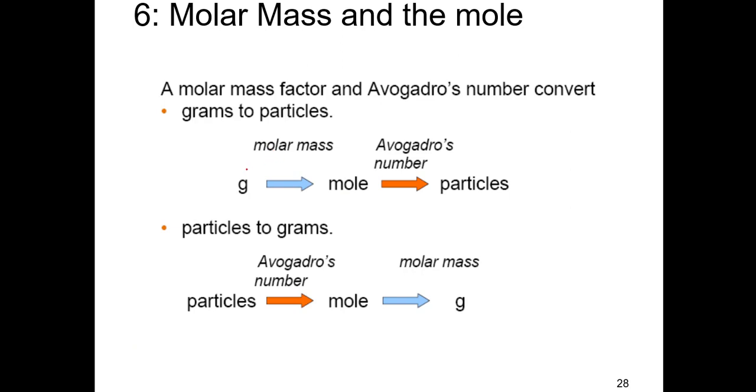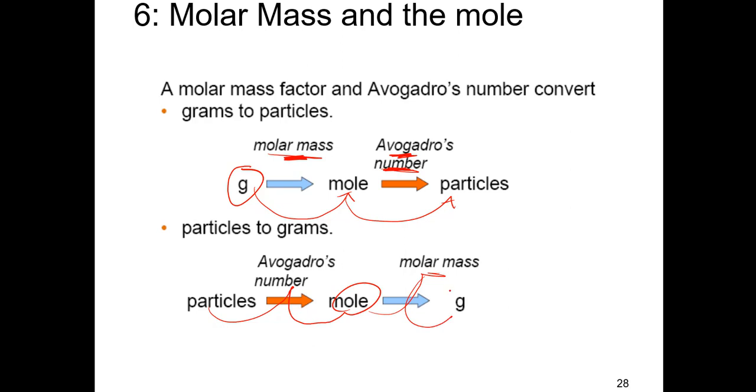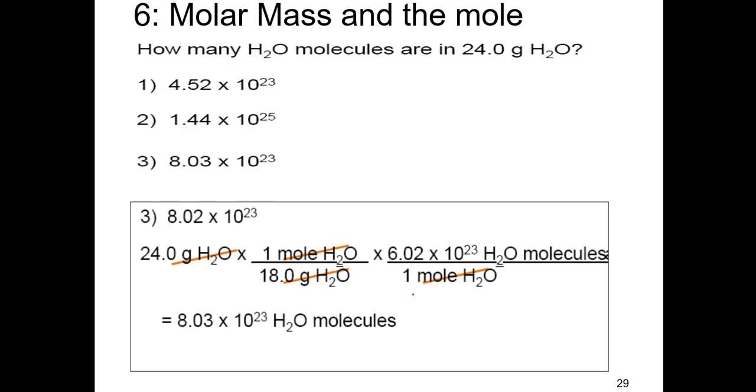So, starting off with grams, we could go from grams to moles using the molar mass as a conversion factor, and then moles to particles using Avogadro's number as a conversion factor. Conversely, we can start off with particles using Avogadro's number to convert to moles, and then using molar mass to convert to grams.